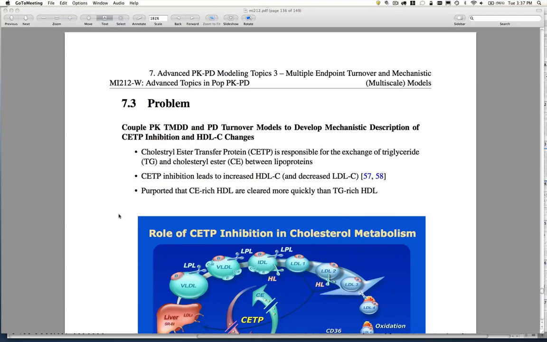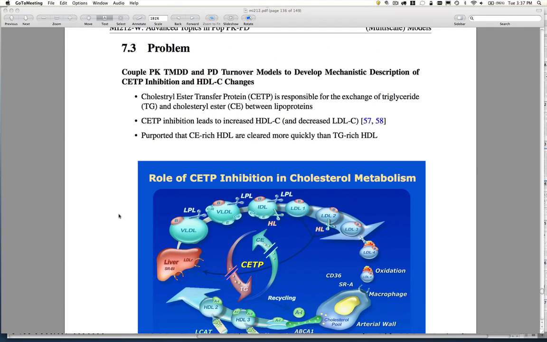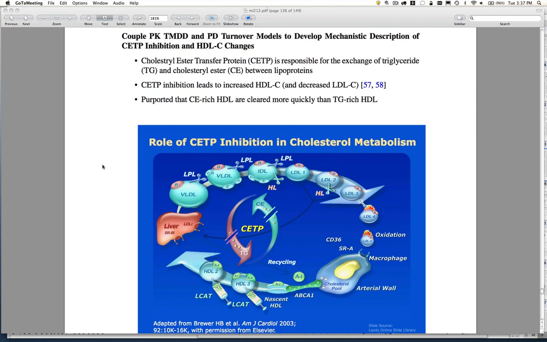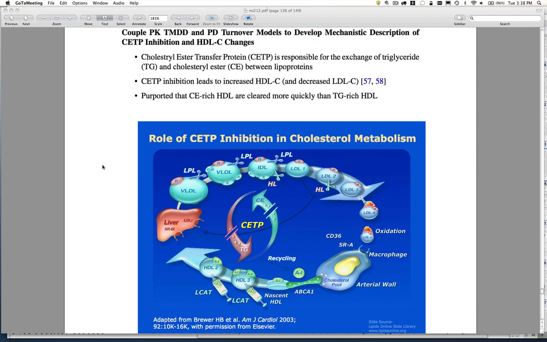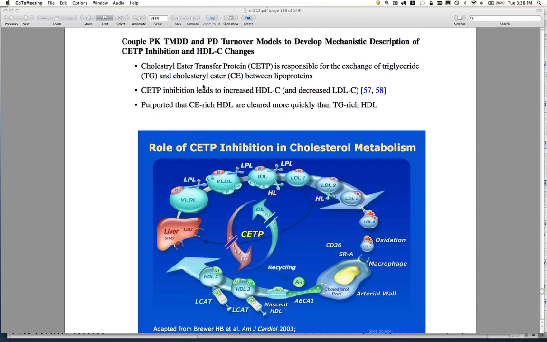Okay, so getting back here to the problem. So I've taken a situation here where we have a mechanism of action based on this cholesterol ester transfer protein, or CETP. And CETP is responsible for the transfer of triglycerides, TG here, and cholesterol esters between various lipoproteins.